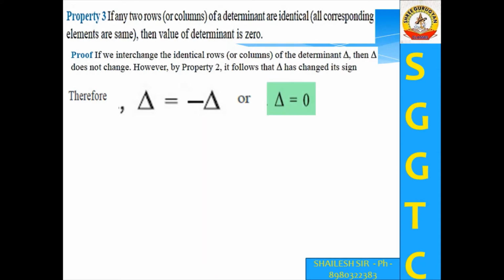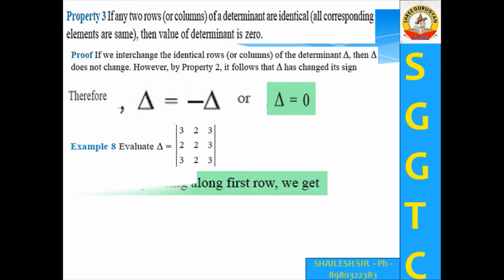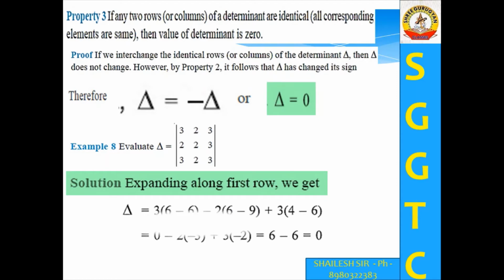Okay, I just explain here. For one determinant I take the first row 1, 2, 3, and the second row I also take the same, 1, 2, 3, and for the third row, as you wish, write any numbers, just like 4, 5, 6.